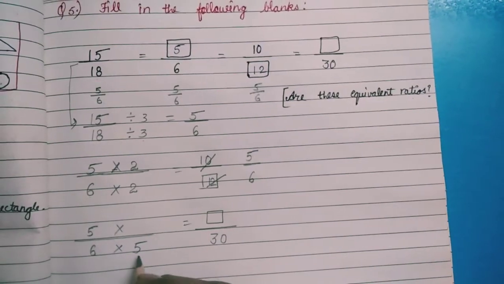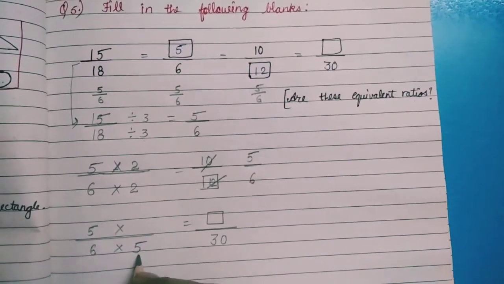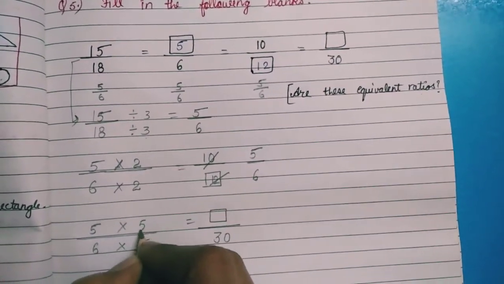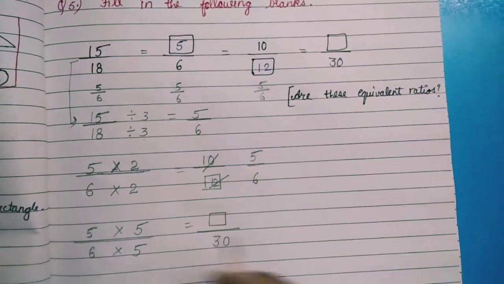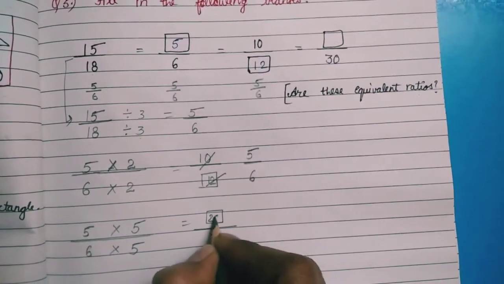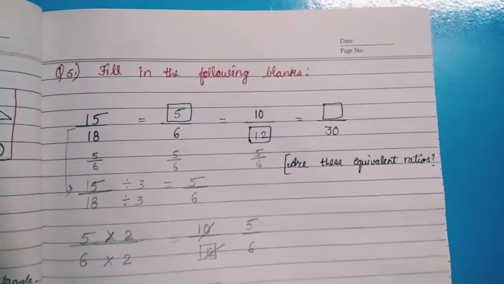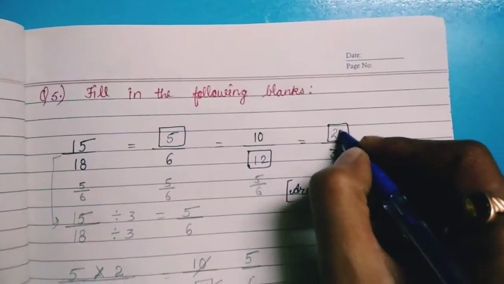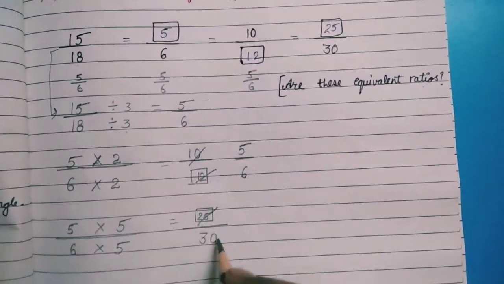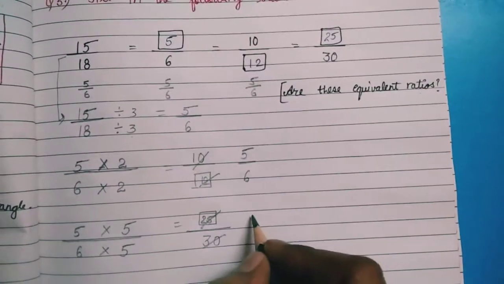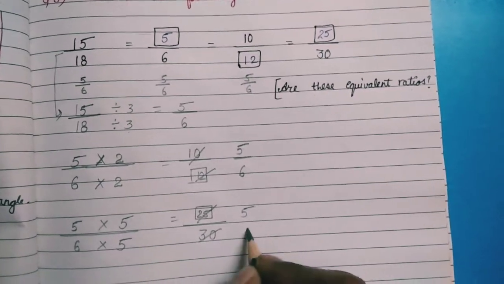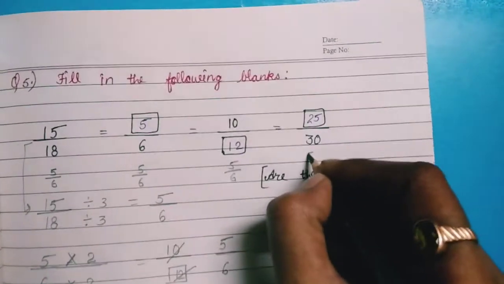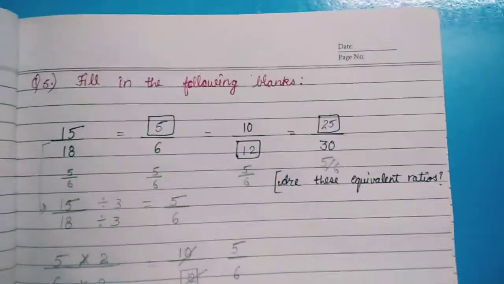If we multiply by 5 in the denominator, the same number we will multiply in the numerator, and 5 5s are 25. It means the blank space is filled by 25, and when we reduce them by the table of 5, 5 5s are 25, 5 6s are 30. So its simplest form is also 5 by 6.